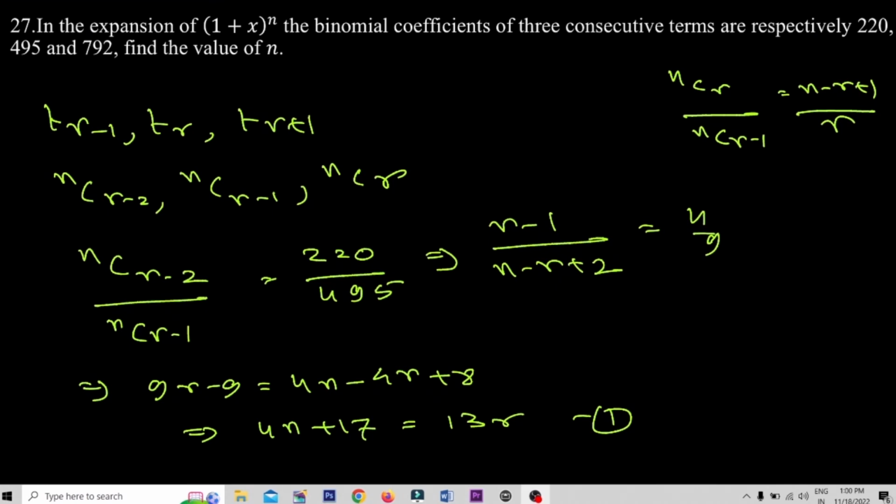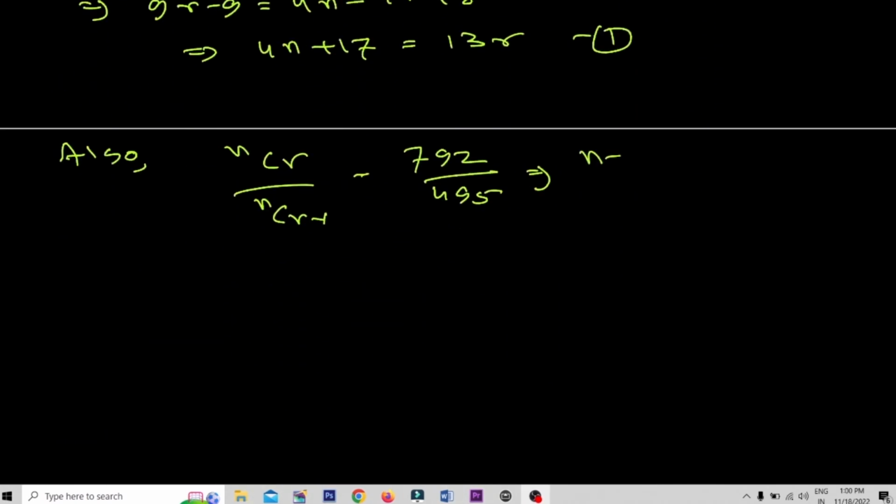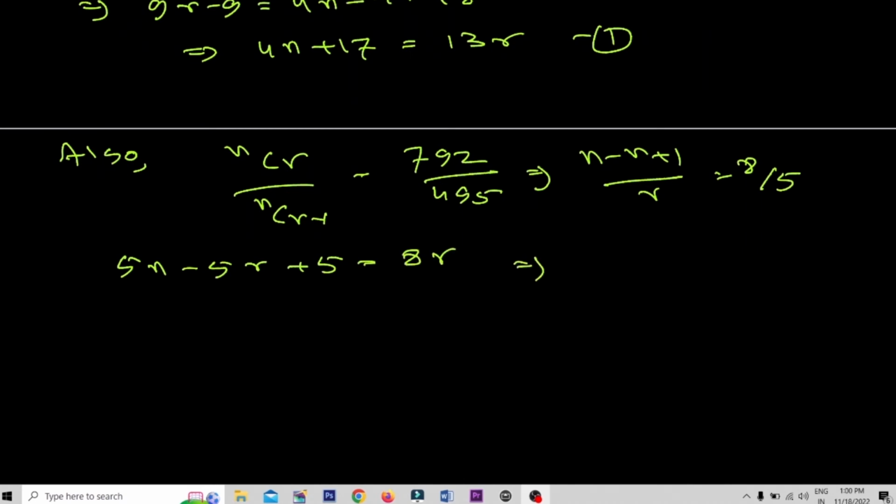We are getting (n minus r plus 1) by r equals 8 by 5. Therefore 5n minus 5r plus 5 equals 8r. So we are getting 5n plus 5 equals 13r. Therefore this is number 2.